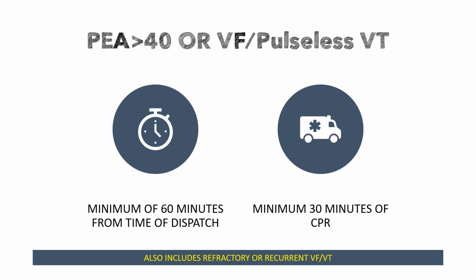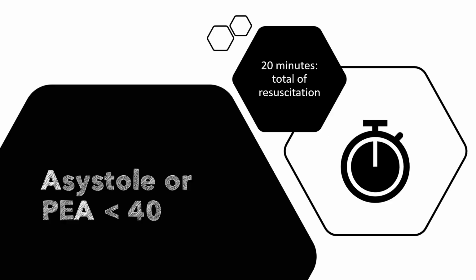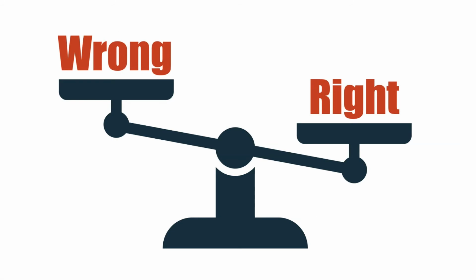These are typically patients that you would expect to survive. And sometimes if you went a little longer, they might survive. So that is why these require med control authorization, and it's less burdensome on you because it is difficult to terminate someone in VFib or VTAC. Asystole or PEA less than 40, a little more straightforward.